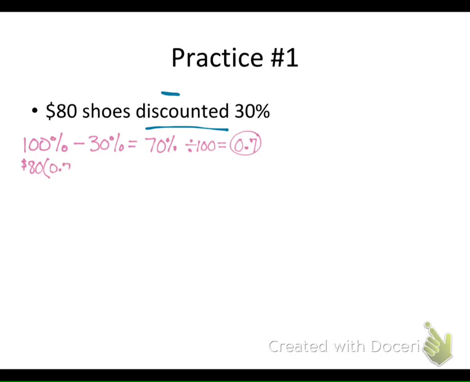So in your calculator, type in 80 times 0.7. 56. So the price of the shoes went from $80 to $56. I would definitely buy them.